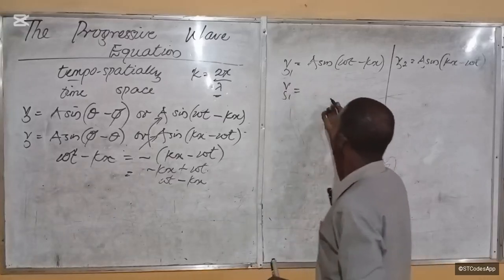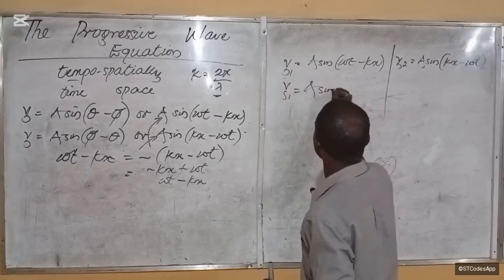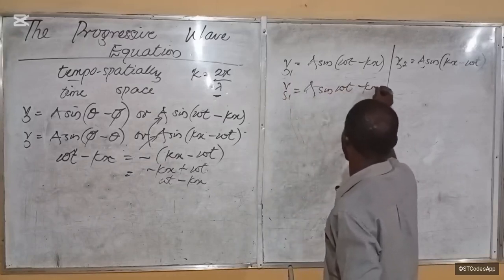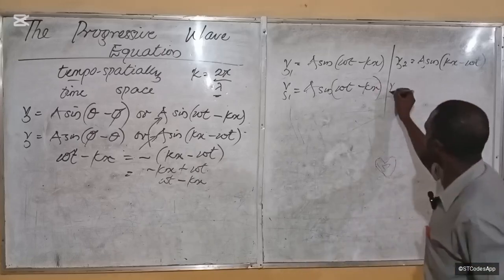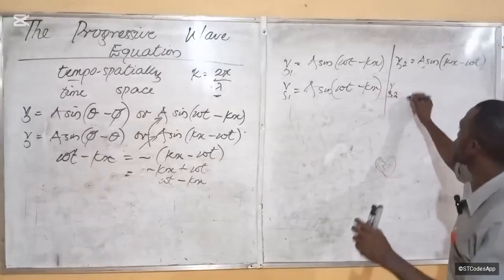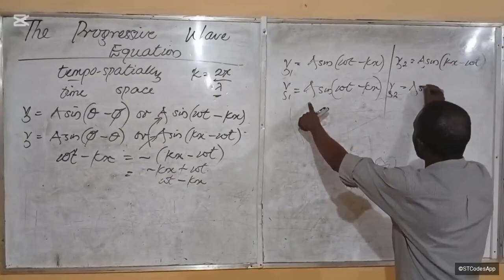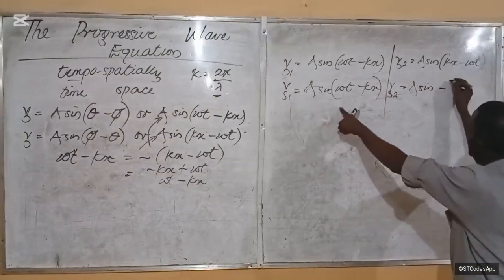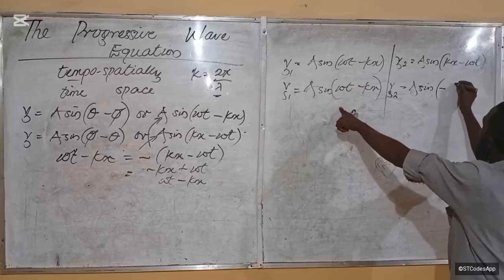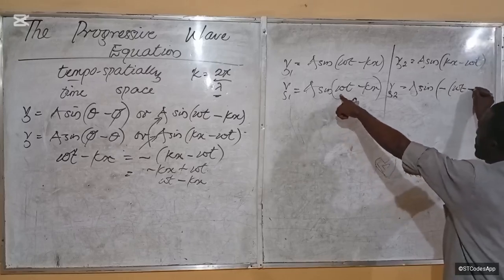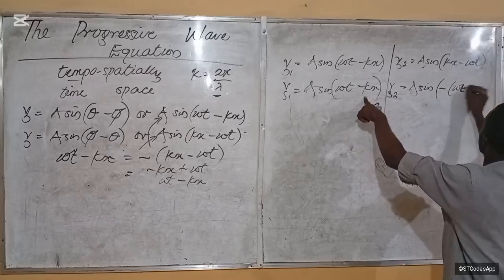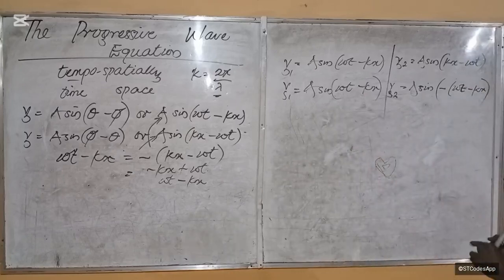So what I am saying in essence with this proving I just showed you is that y1 is going to be what? A sine omega t, the same thing, minus kx. And listen now, the y2, now what? The y2 is going to be A sine of negative omega t minus kx. Does this make sense to you?